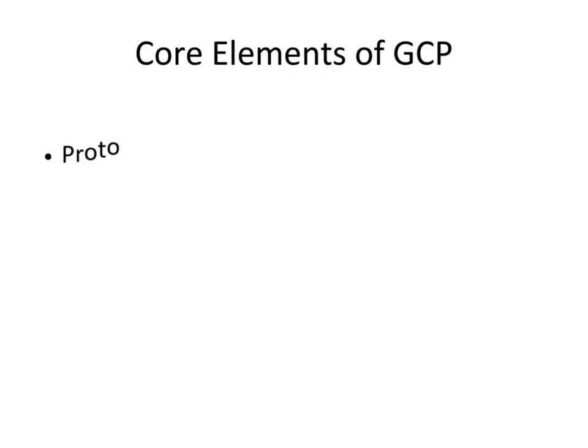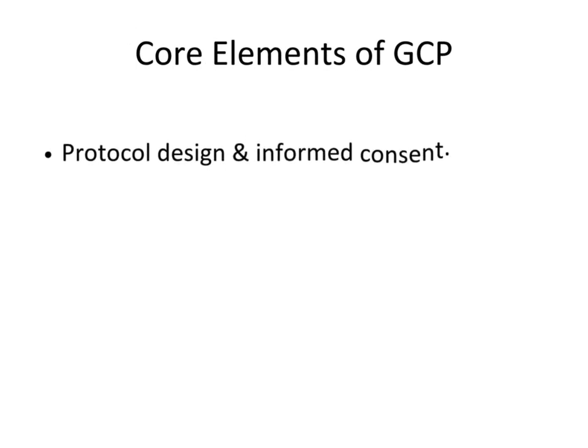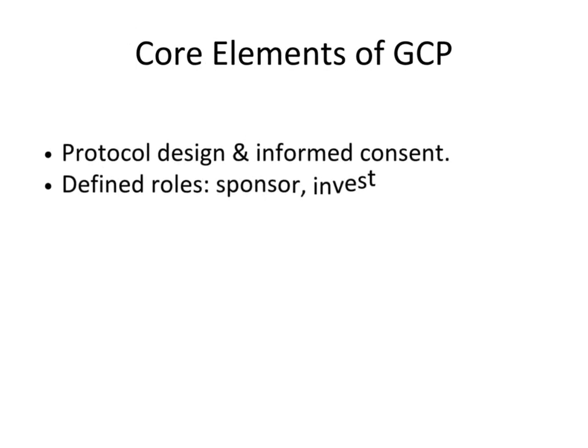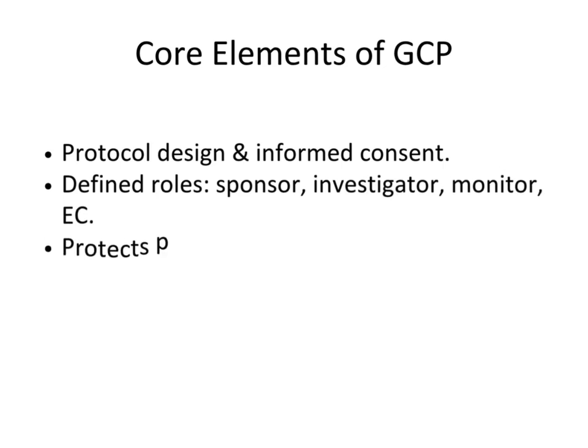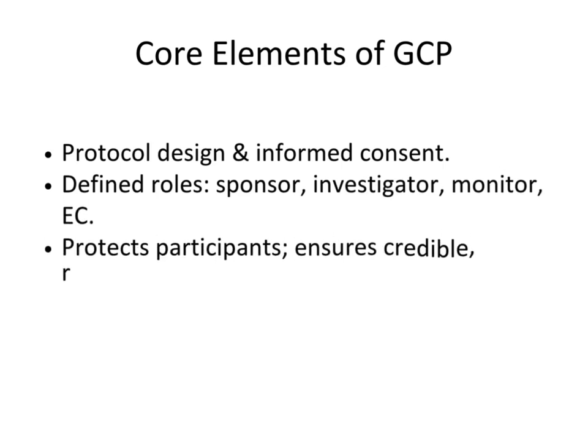It tells us how to design protocols, how to get informed consent, what documentation is required, what roles each party plays: sponsor, investigator, monitor, ethics committee. And the heart of it? It's all about protecting the rights, safety, and well-being of trial participants, while ensuring the data collected is credible and reliable.